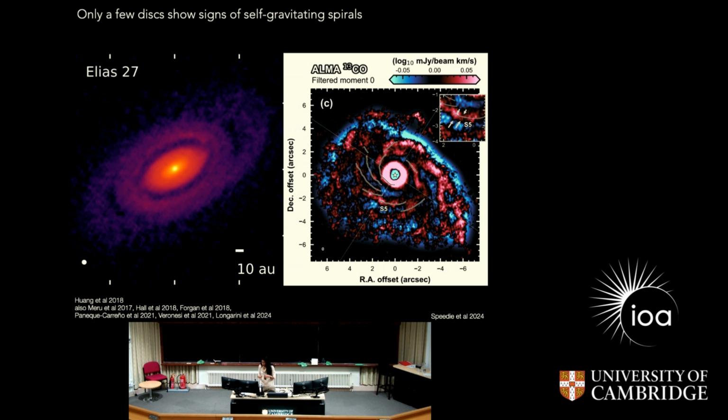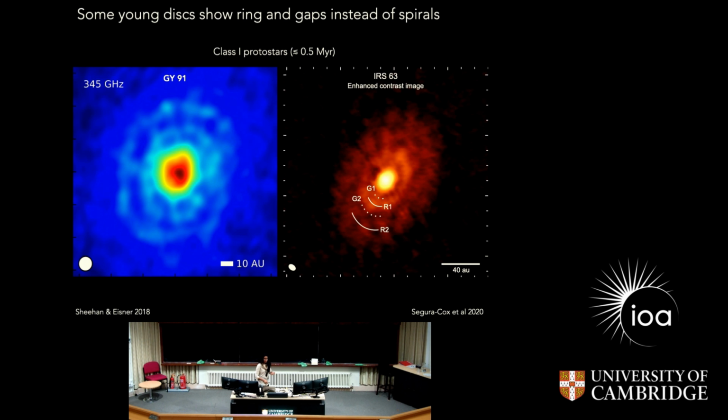We expect that disks will be self-gravitating when they are young, because they are most massive when they're young, because of the material coming from the molecular cloud and feeding onto the disk. What's really interesting about another couple of really young disks is that these do not show spiral structures.